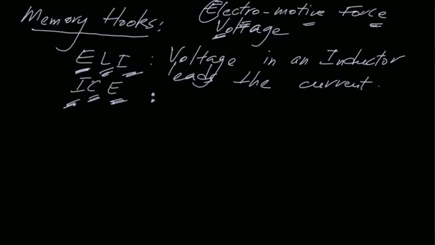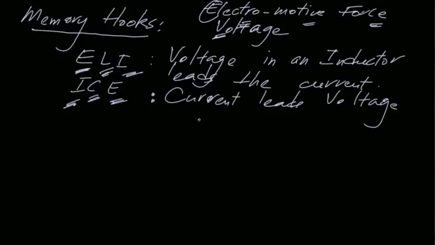Now the reason why VLI and ICV don't work, obviously, is the reason why we stick with E for voltage rather than V. It would fall flat if we used the letter V. All right, ice, in the word ice, what comes first? The letter I, so current leads voltage in a capacitor.